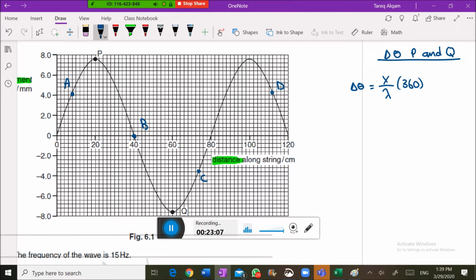If I want to find the phase difference, I have to find the shift. Look at the shift here.